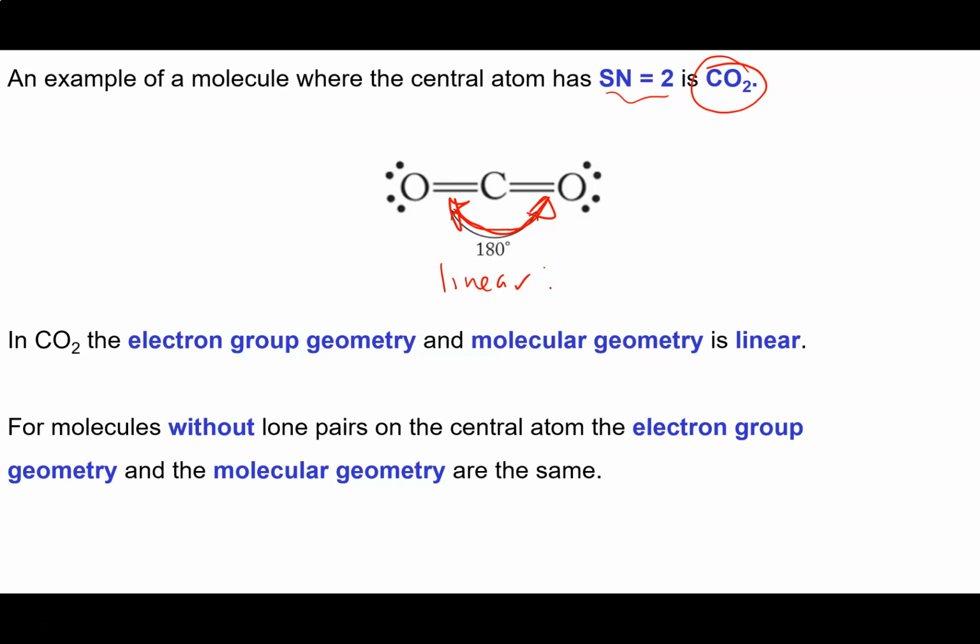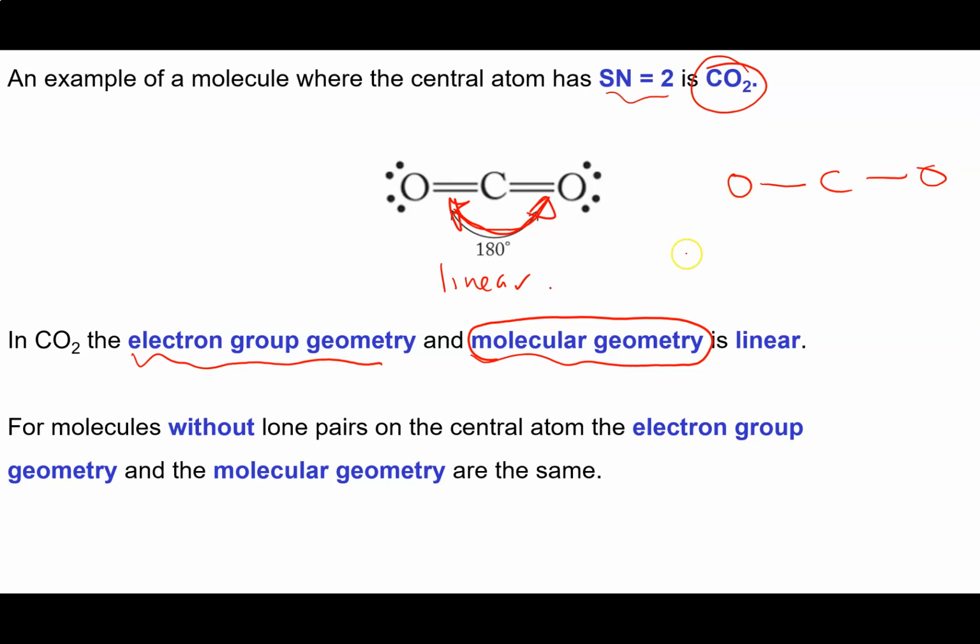Okay. Now, it's interesting to talk about electron group geometries, but we're also going to be talking about what we call molecular geometries. Molecular geometries are just focusing on where the atoms are in the molecule, and we ignore the presence of lone pairs.